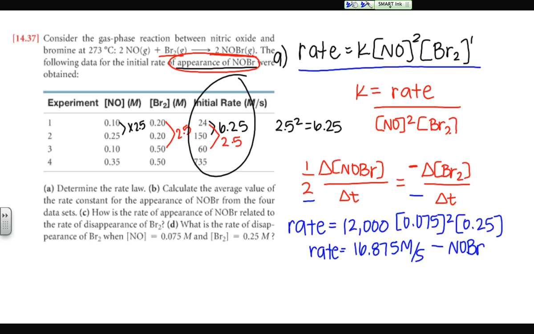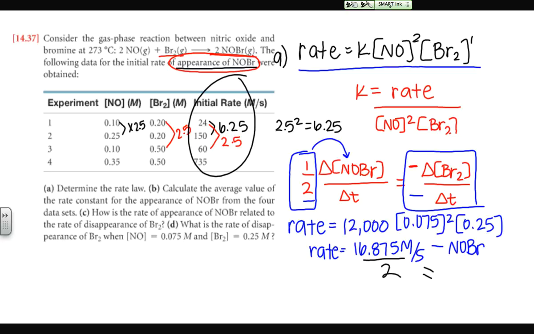However, we found in our comparison that half of the rate of NOBr is what our Br2 is. So before I can call this my final answer, I need to take my rate divided by 2, and I end up with 8.44 molar per second for my Br2.